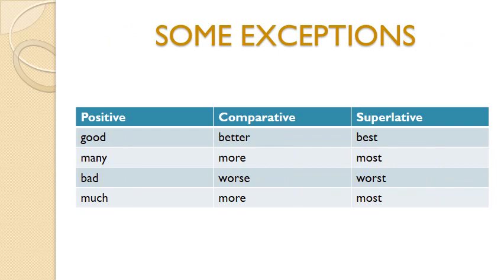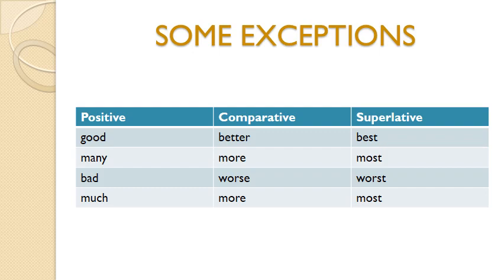It happens like this. There are some exceptions also. All these rules which we have studied, there are some adjectives that don't follow these rules. So there are some exceptions, just like the word good.